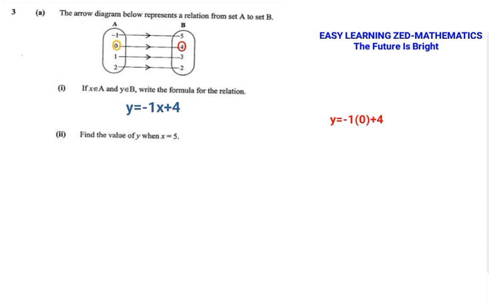So the equation becomes y is equal to negative 1 multiplied by 0 plus 4. Negative 1 multiplied by 0 gives us 0, then plus 4, so 0 plus 4 gives us 4. That is the correct answer, so that is the equation we have come up with.